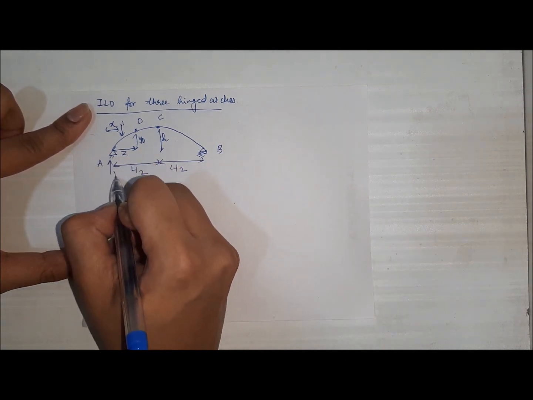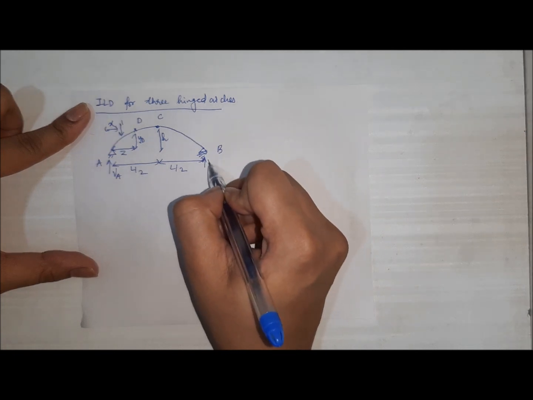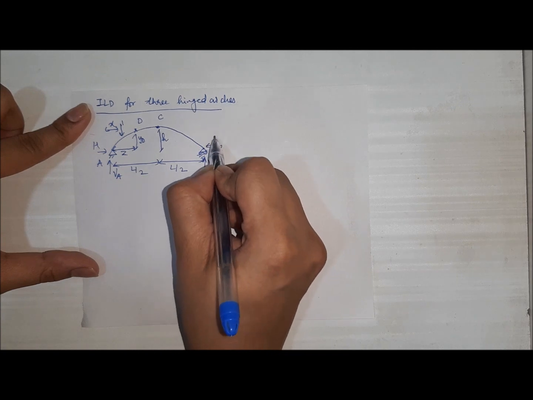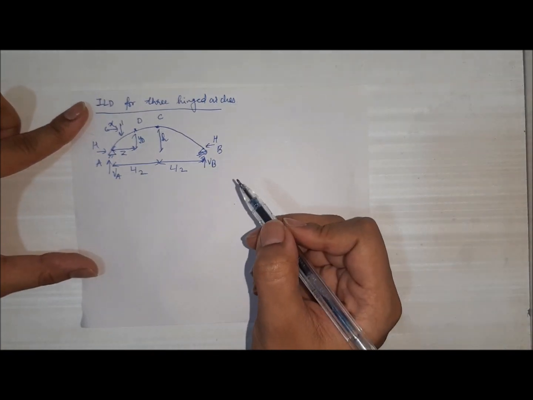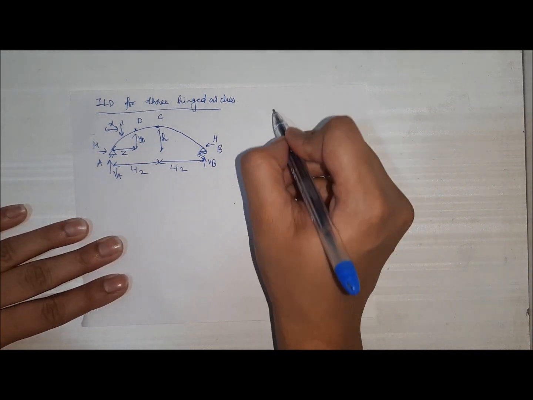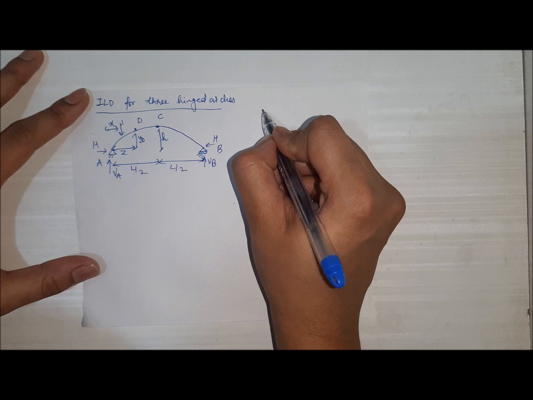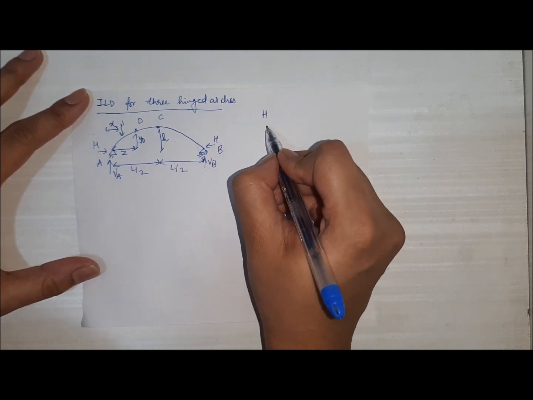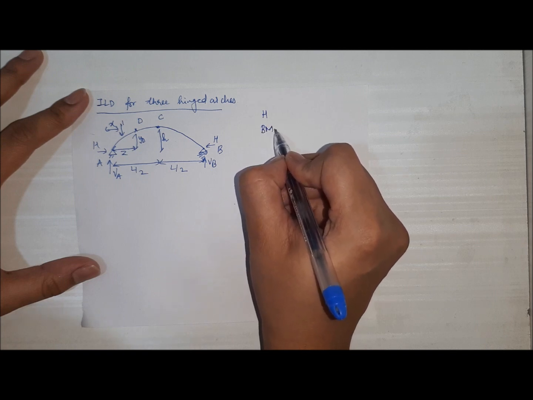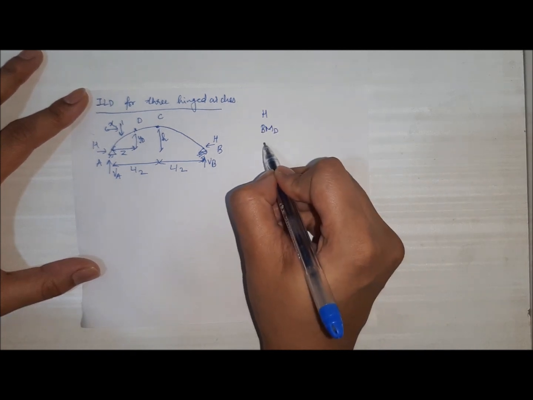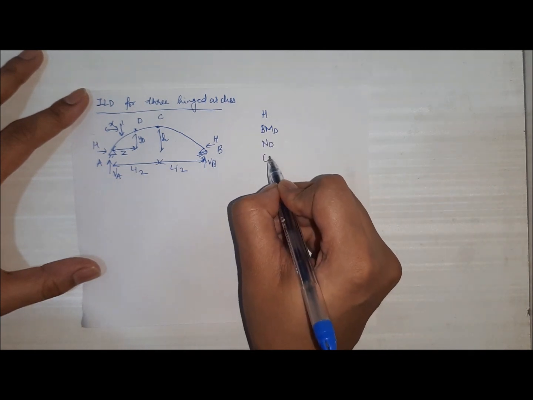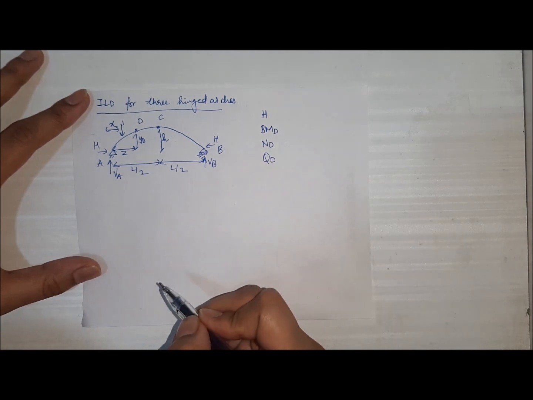Now these are the reactions VA, VB vertical, and we also have horizontal reactions in the hinges, right? Now in the concept for plotting the ILDs, we have to plot the ILD for H, that is the horizontal force. Then we are required to plot the ILD for bending moment at point D, then normal thrust at point D, and finally radial shear at point D, right?